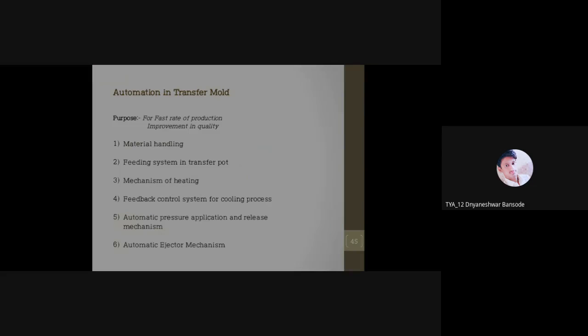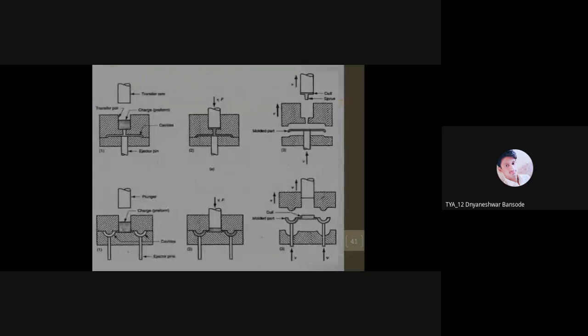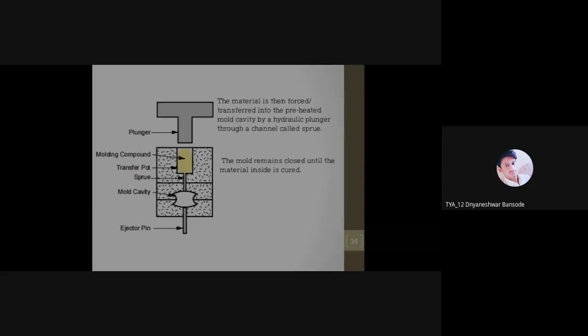Now, this is a new point, automation in transfer molding. Rather than looking at the points, we'll go to the figure, and you will easily see it. Now imagine on your own, this is the process I have shown here. What are the locations where I can go for automation?